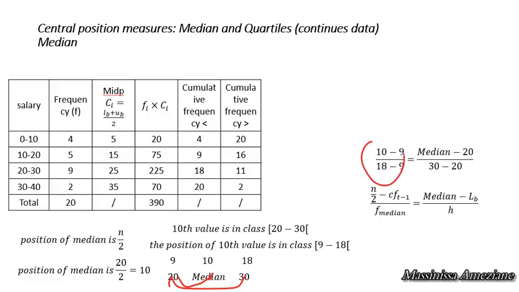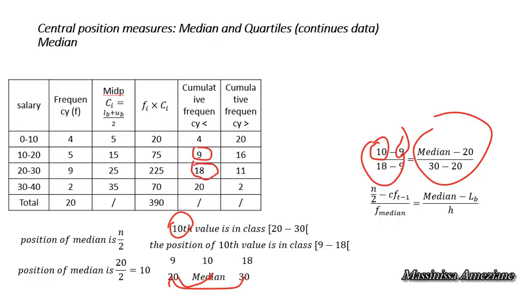So this equals this. What is actually 10 minus 9? 10, we know it is the position of the median. 9 actually is the cumulative frequency of the class before the median, divided by 18 minus 9.